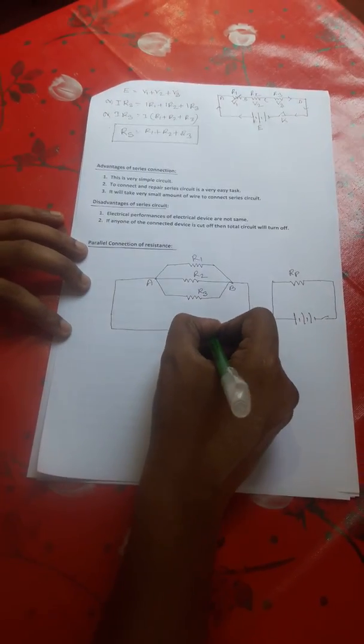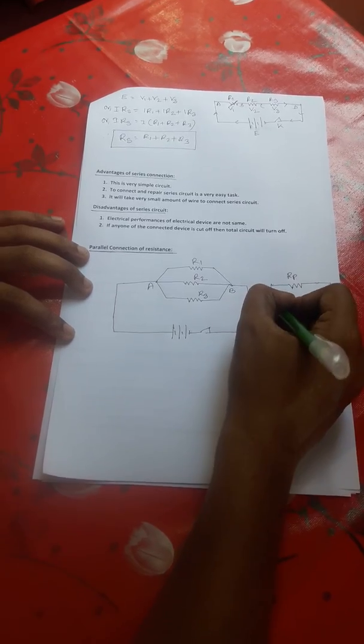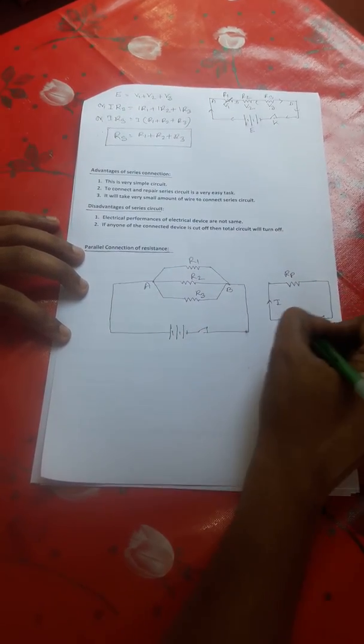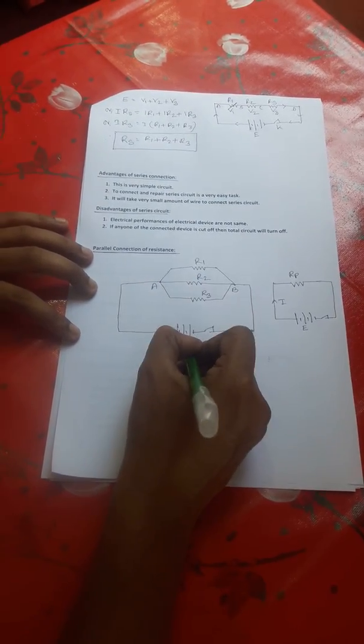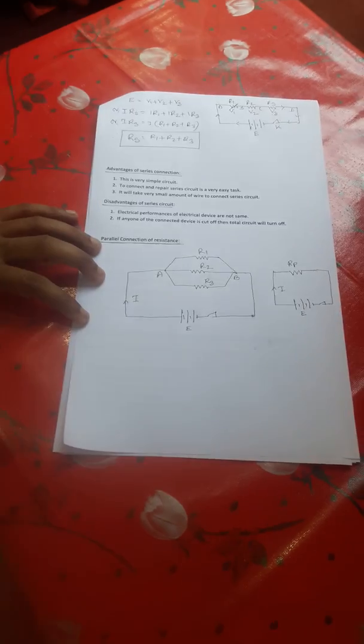Now when I connect this switch, this circuit will produce I amount of current. Since electromotive force and resistance are same, this also produces I amount of current. You know that at point A there are three branches: R1, R2 and R3.